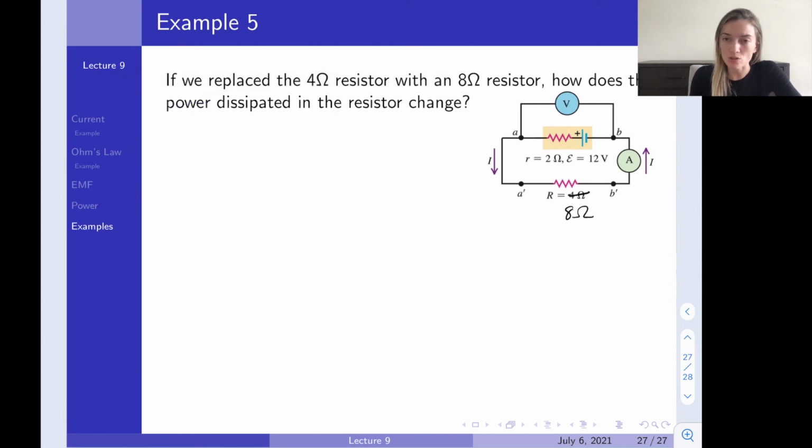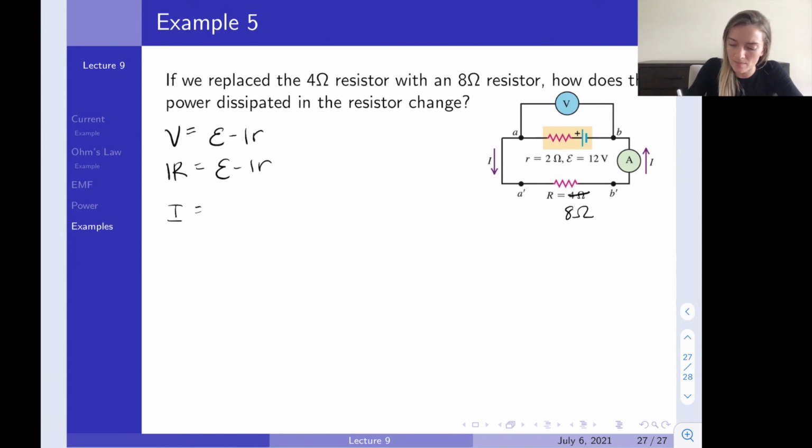So let's figure out the new current. We can do it exactly the same way we did previously, where we write V is equal to E minus I little r. This is capital IR. Then we solve for I the same way, and you end up with the same equation here. Our EMF is the same, still 12 volts.